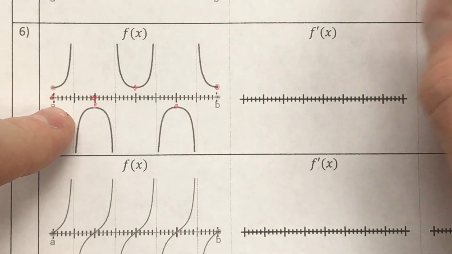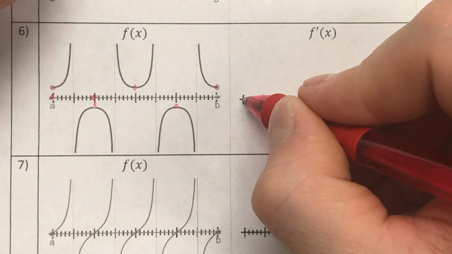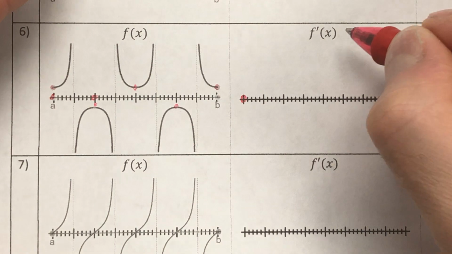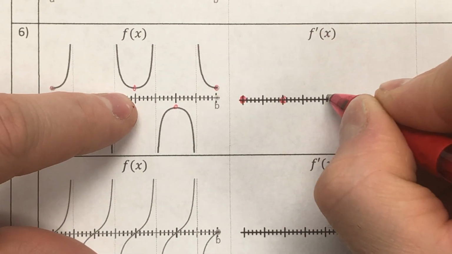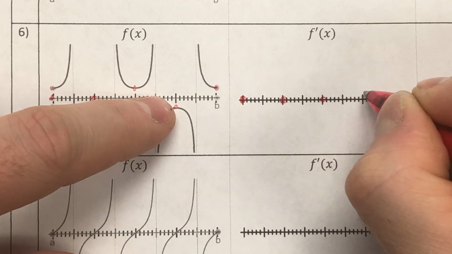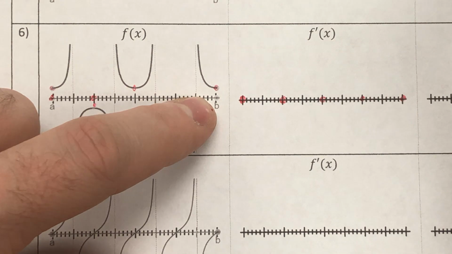Okay, so at 0, my slope is 0 because it is the minimum point of the graph. So I'm going to put a point right there. At 2, it's also 0 because it's the maximum point, minimum point, maximum point, and then minimum point.